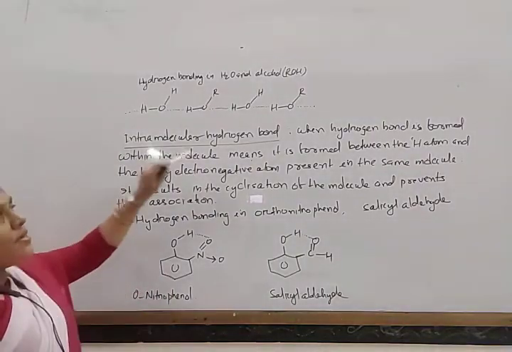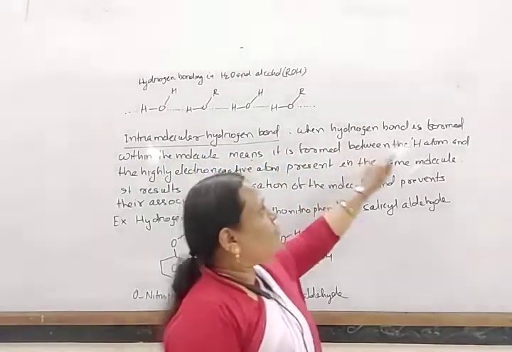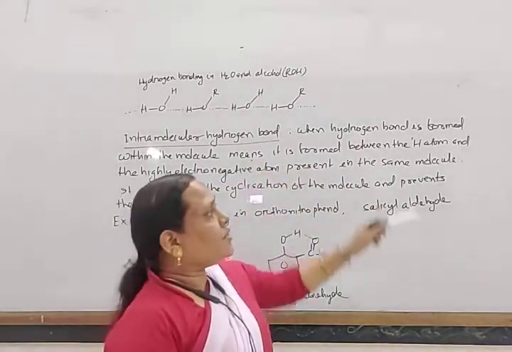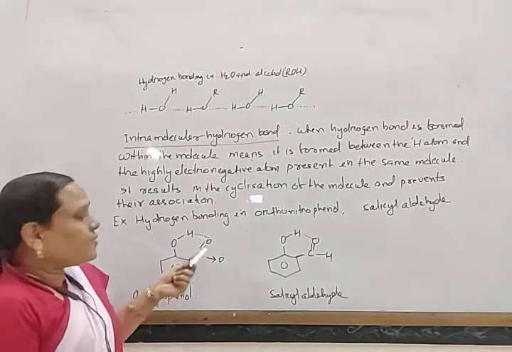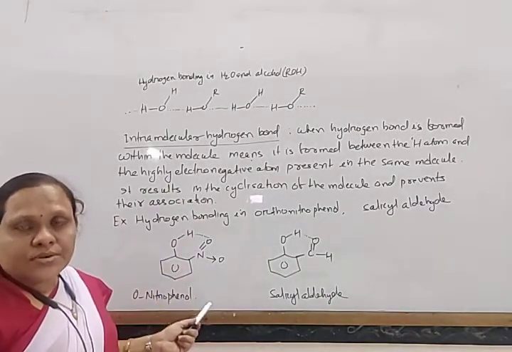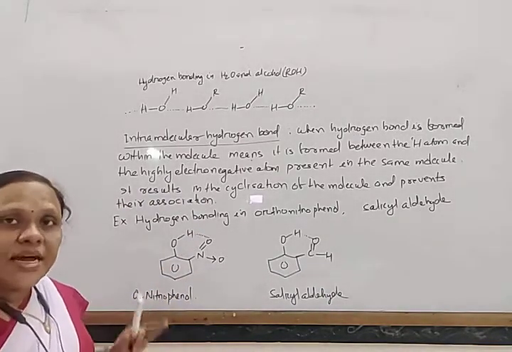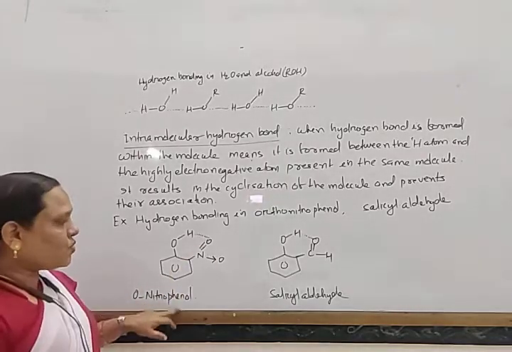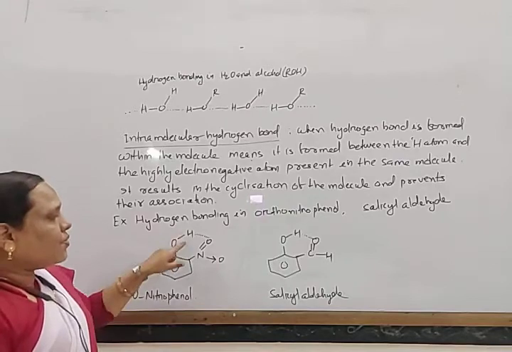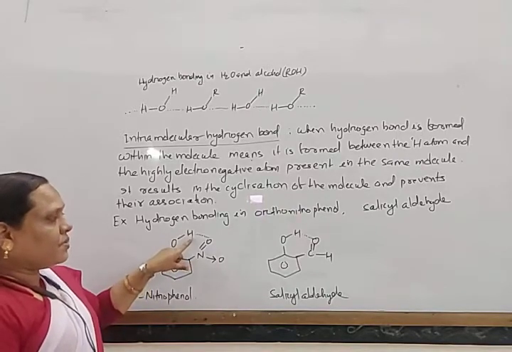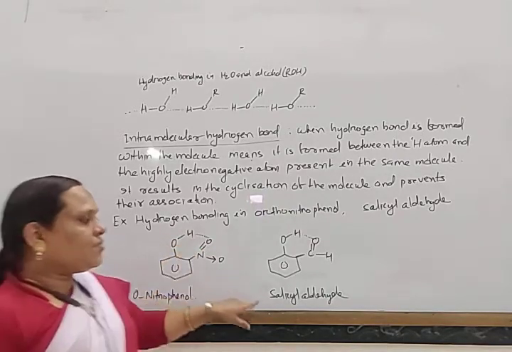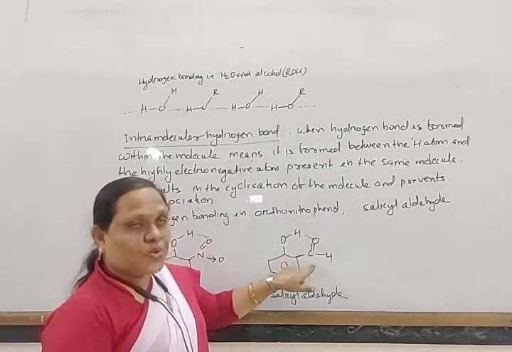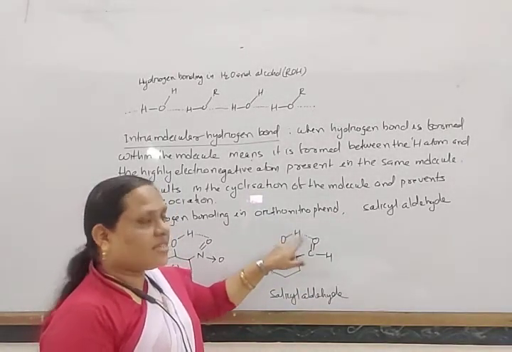And intramolecular hydrogen bond. When a hydrogen bond is formed within the molecule, meaning it is formed between the hydrogen atom and the electronegative atom of the same molecule, then this is known as intramolecular hydrogen bond. Look here, this is the molecule known as orthonitrophenol. Here OH and NO2, hydrogen bonding between H and O. And this is salicylaldehyde. Here an OH group and a CHO group are there, and between hydrogen and oxygen there is a hydrogen bond.